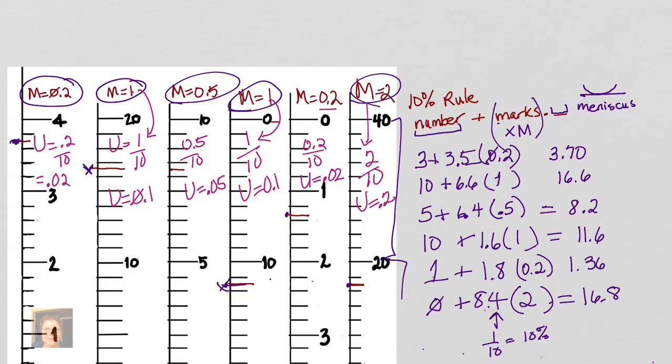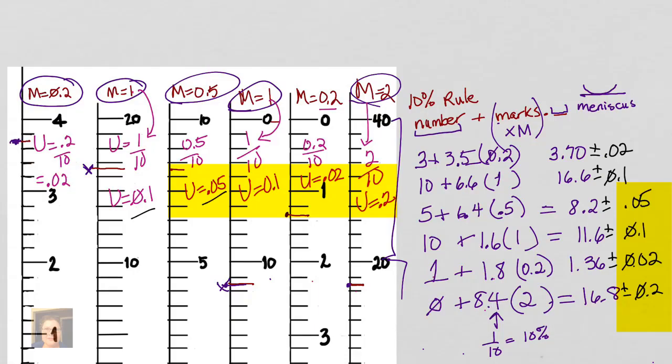So when we record our measurement, we record not only the measurement that we get using the 10% rule, but we're also going to say how much error is expected with each of those measures, because we're saying that we could have been off by this amount. So in the first measuring device, 0.02. In the second measuring device, 0.1.